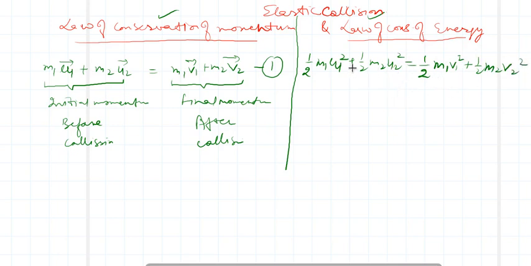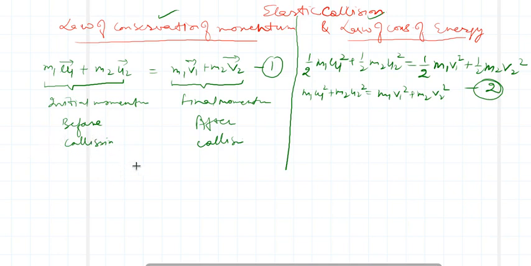Here I have not used vectors, because when I take the square of a vector quantity, it becomes a scalar. Let me call this equation number 2. This can be further simplified because 1 by 2 is a common factor, so I can express it as m1 u1 square plus m2 u2 square is equal to m1 v1 square plus m2 v2 square. So this is equation number 2.